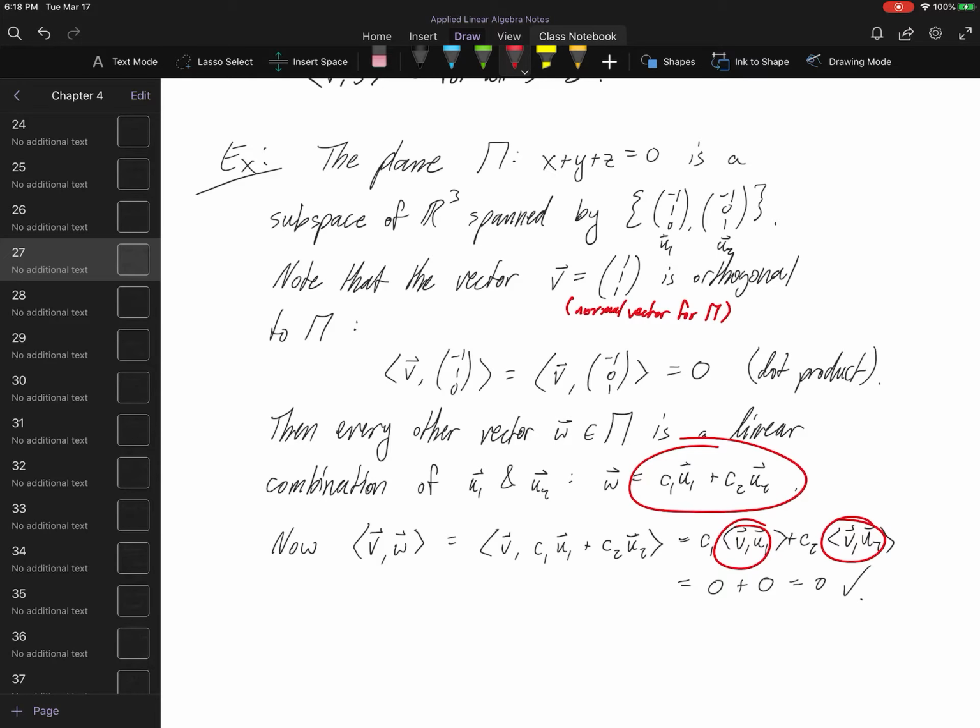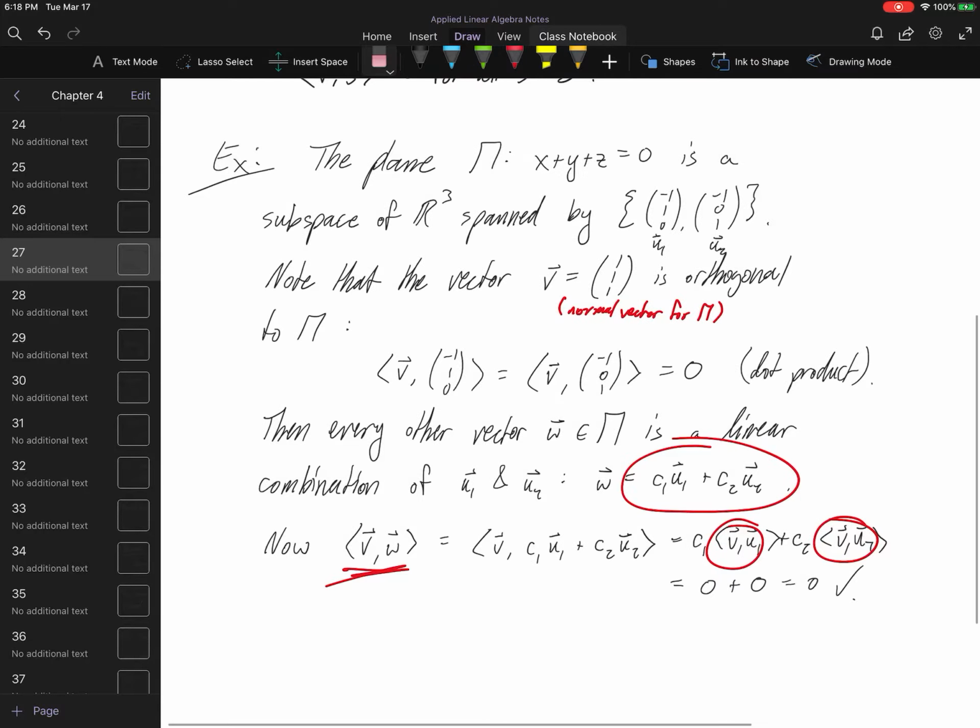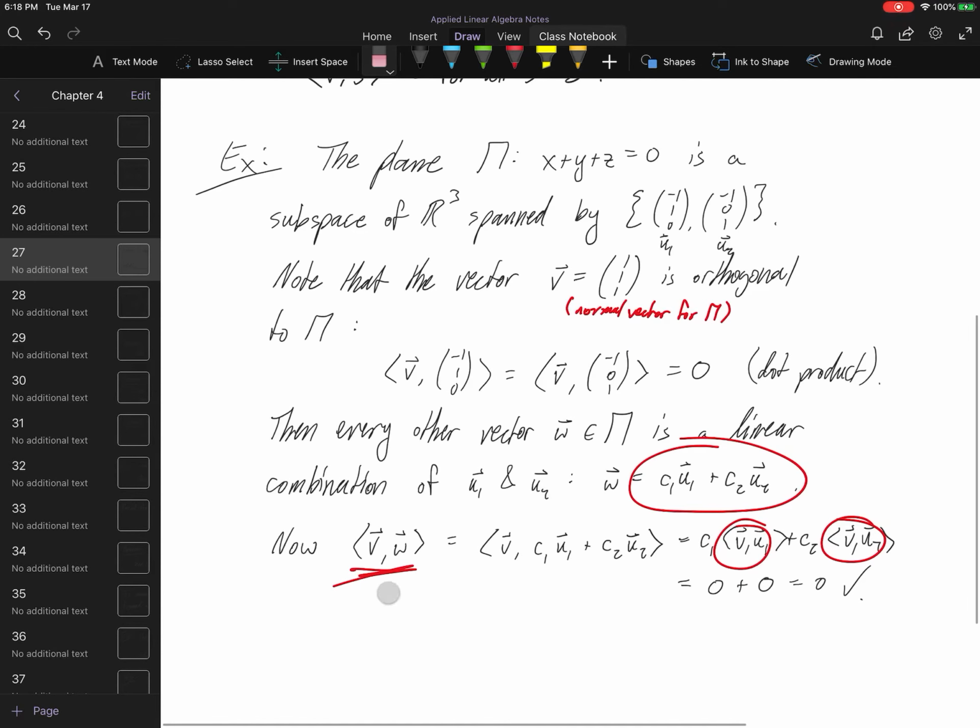I invoke the linearity of the inner product to find V inner product U1 and V inner product U2 as part of that computation. And therefore, any element W of the plane must also be orthogonal to V. So V is orthogonal to the plane pi, right?